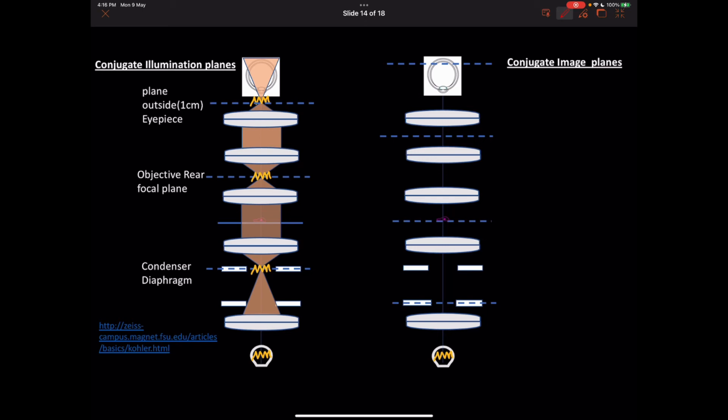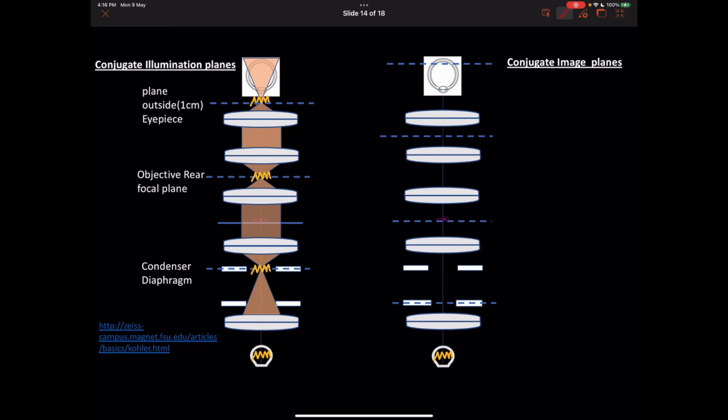In conjugate illumination planes, the image of the source of the light was formed. Therefore, it was called an illumination plane. But in the case of conjugate image planes, all of the planes which form the image of your specimen will be referred to as conjugate image planes. Now, the plane in which you keep your sample is also a conjugate image plane that you have.